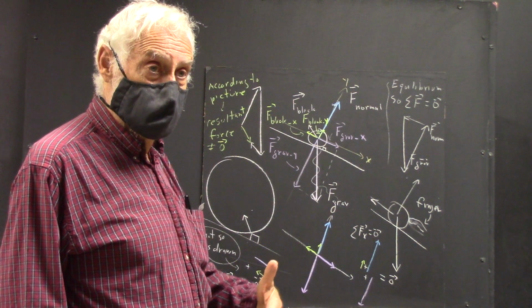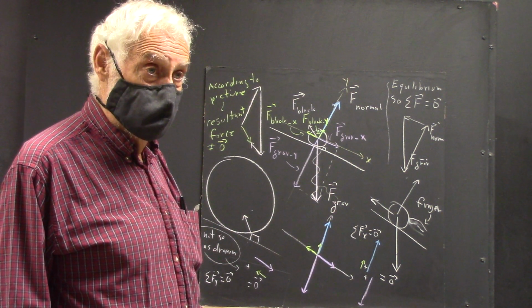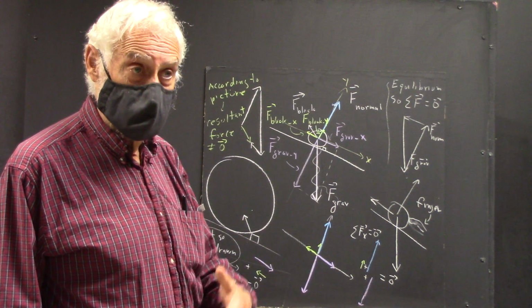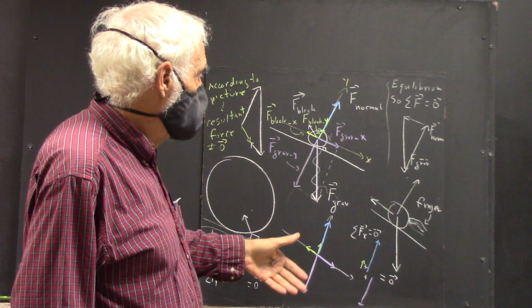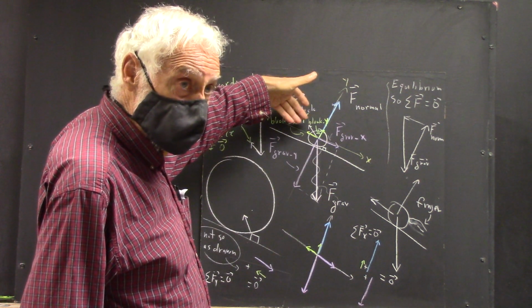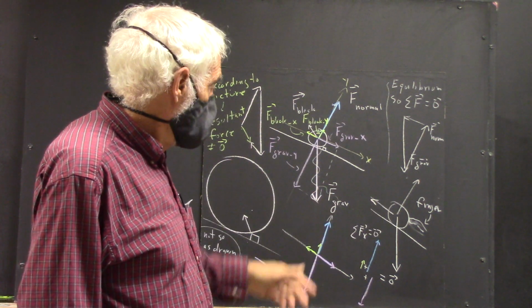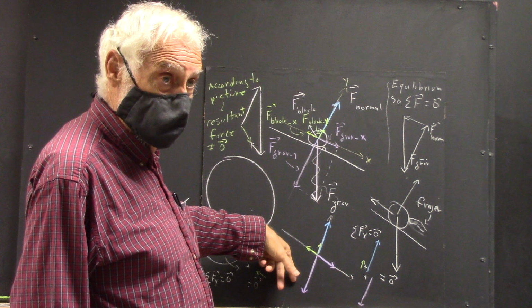An acceleration is a change in velocity, which involves a net force. If the acceleration in the y direction is zero, as it is if that ball's rolling down the incline, that's why these forces add up to zero, okay?